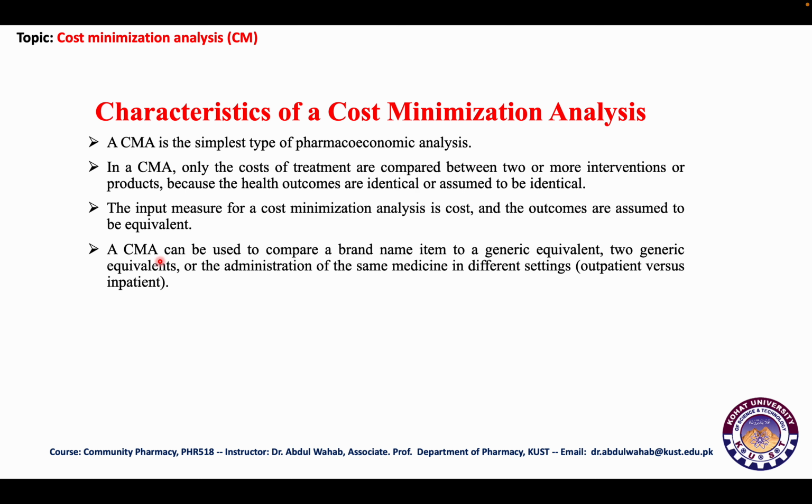A cost minimization analysis can be used to compare a brand name item to a generic equivalent. Two generic equivalents can be compared, or the administration of the same medicines in different settings, outpatients versus inpatients.